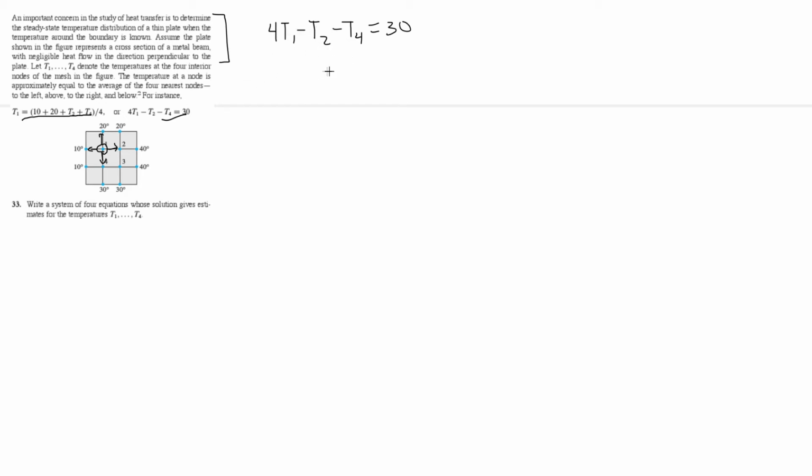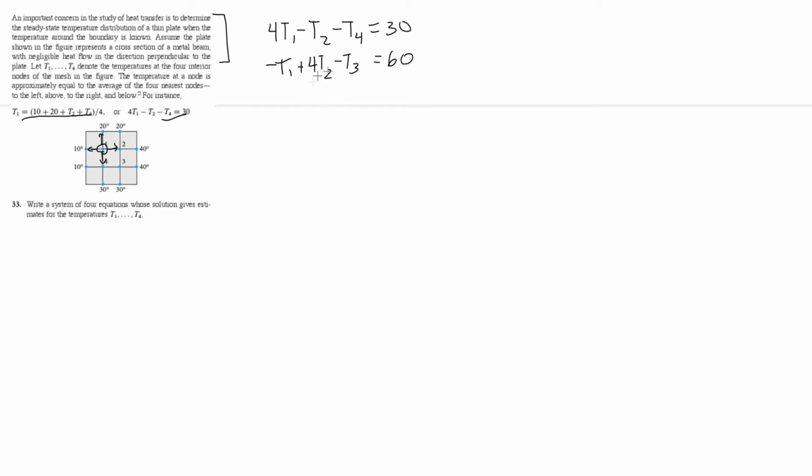So the next one, we're going to move over to this second node, and the four surrounding nodes are T1, 20, 40, and T3. So if we follow this organizational system, we're going to say that negative T1 plus 4T2 minus T3 equals 60.